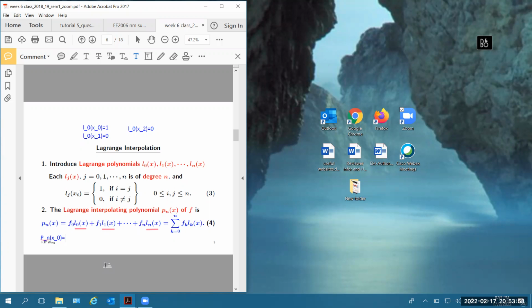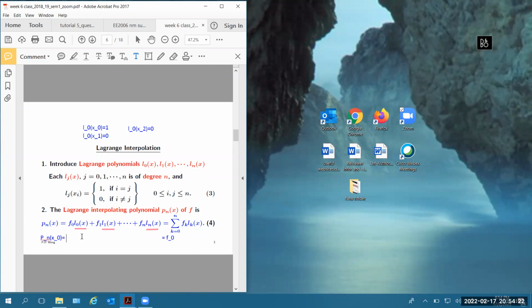If this is the interpolating polynomial, after all your calculation you are supposed to get f0, because it has to pass through the point (x0, f0). So if you substitute x0 inside, you are supposed to get f0. Let's see whether this expression gives you this or not.